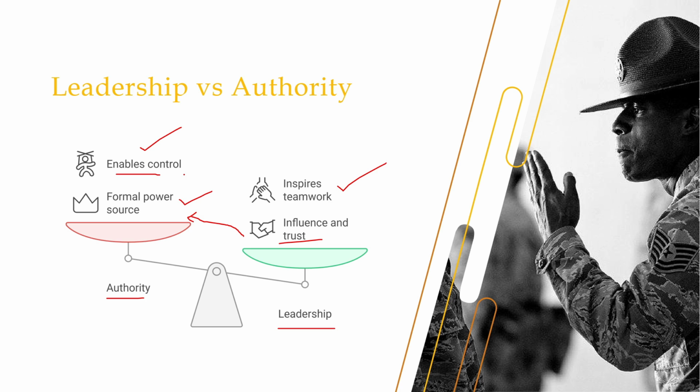Authority is insufficient in creating a motivated and engaged project team. Without the influence which comes from effective leadership, even those with formal power are going to struggle to foster genuine engagement. They may even fail in driving the team towards long term success. So that's the difference between leadership and authority.